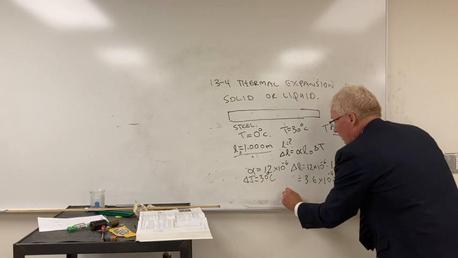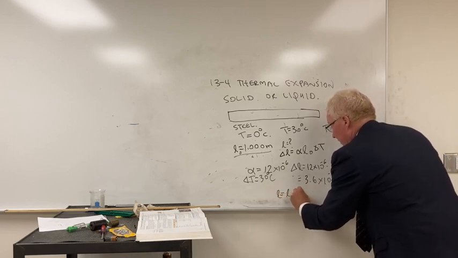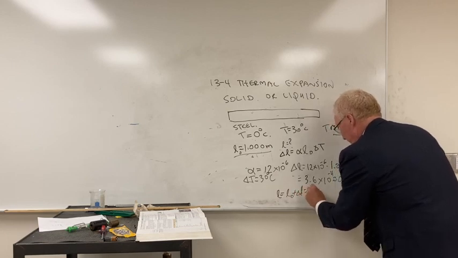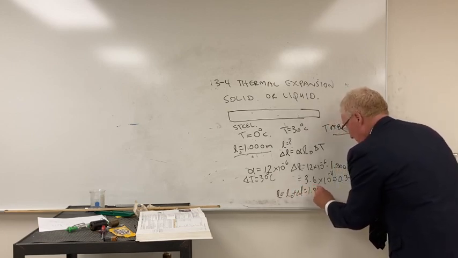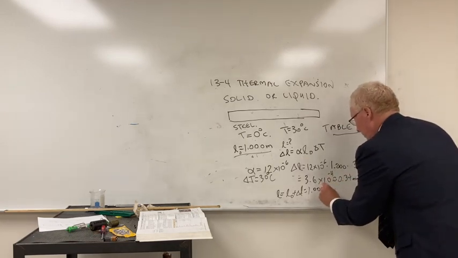So L would be L naught plus delta L, which would be 1.00036.